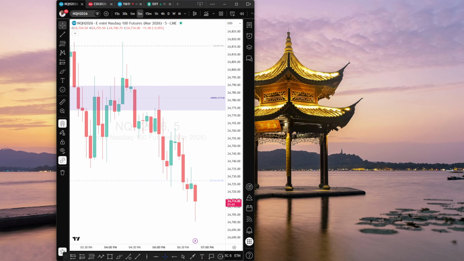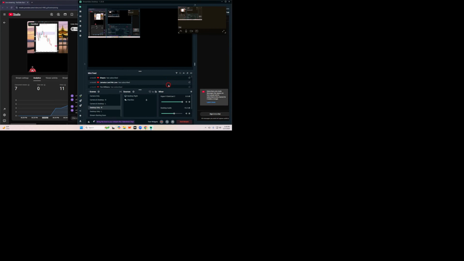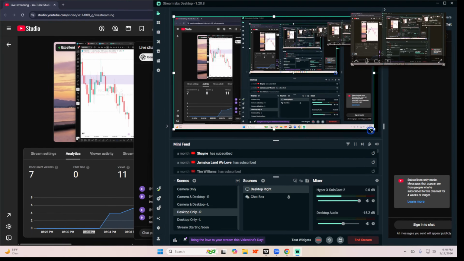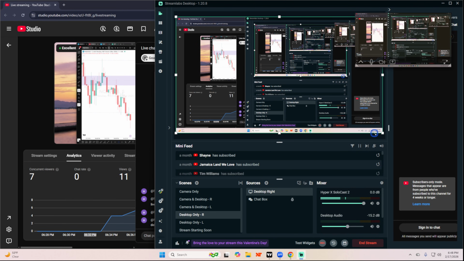Then now this right here. I'm gonna delete this. Okay, add source. Display capture, add source. This is my desktop right. Add source. Like that.